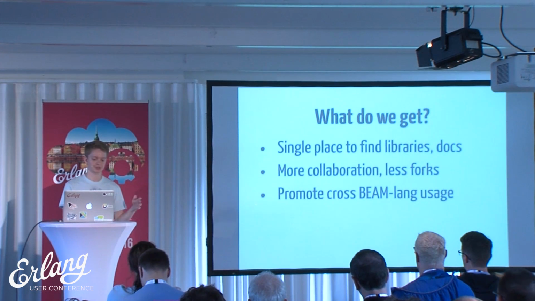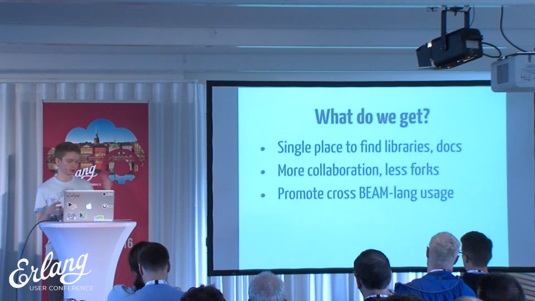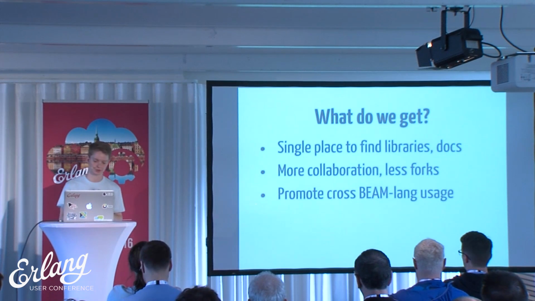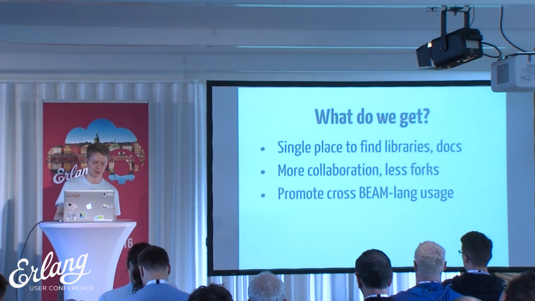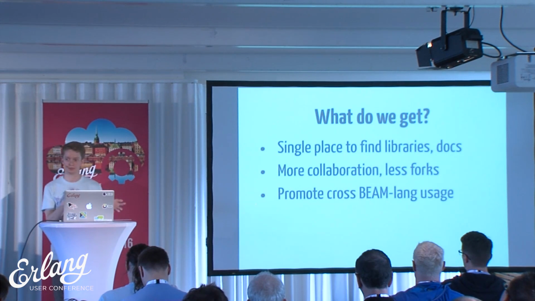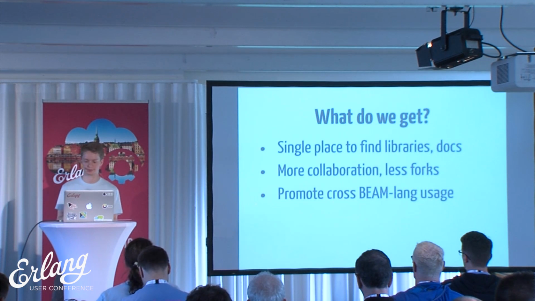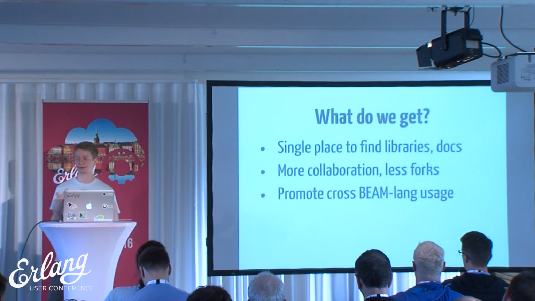So to summarize the community and ecosystem parts of this, we can talk about what we get out of Hex and what we get out of package managers. So one nice thing is that we get a single location to find libraries and documentation for those libraries. And we have stuff like download statistics.